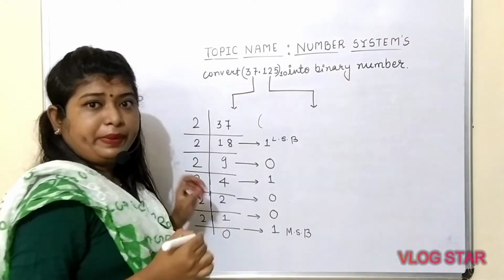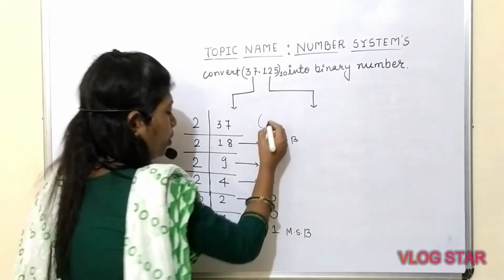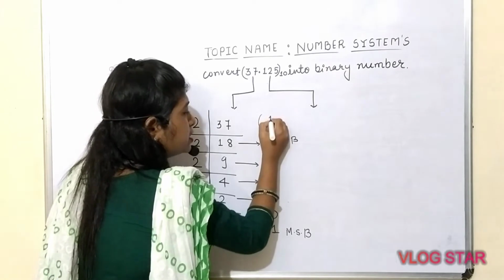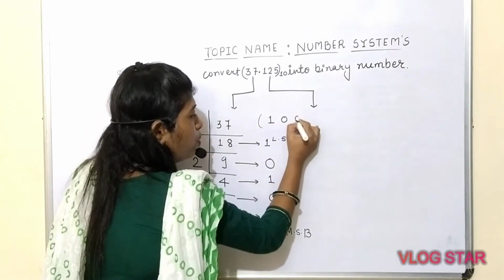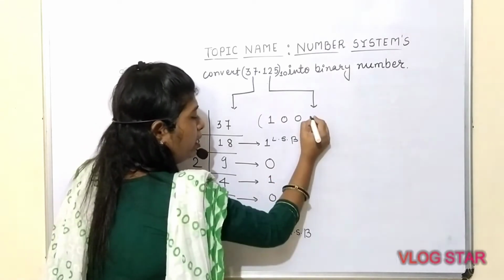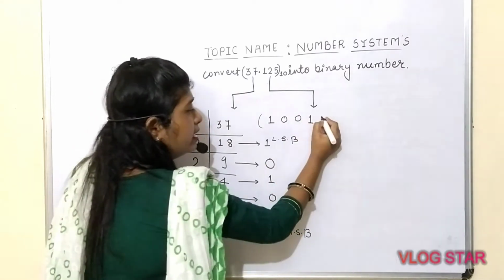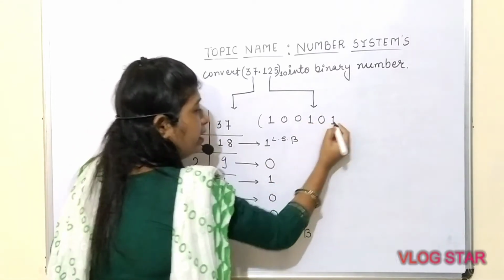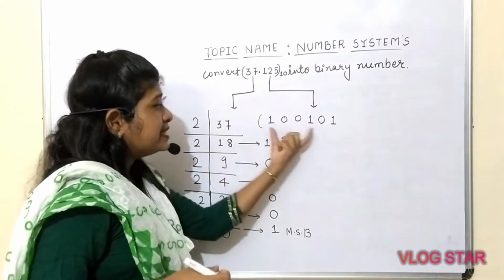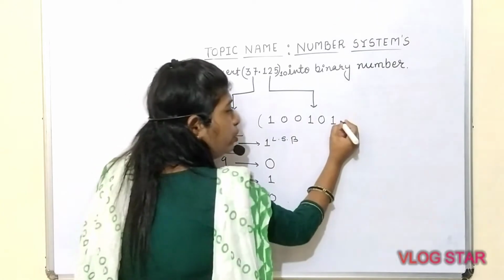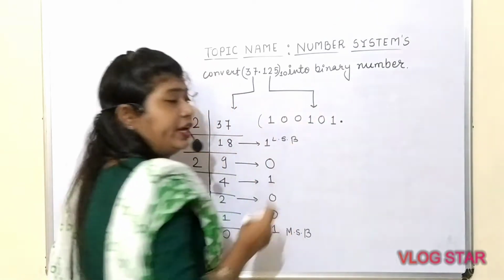Least significant bit, if you remember. So how you are going to write down? Can you tell me the first bit? It is 1. After that 0, 0. Next would be 1. Then 0 and 1. Now this binary conversion is for what? 37 number. I need to put decimal point here.